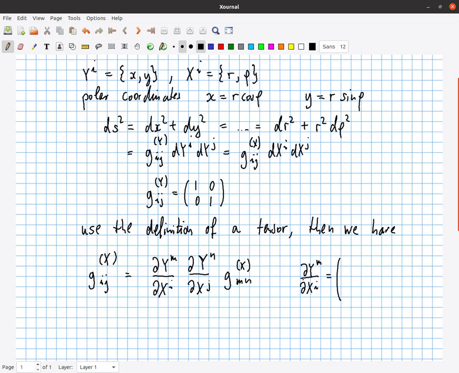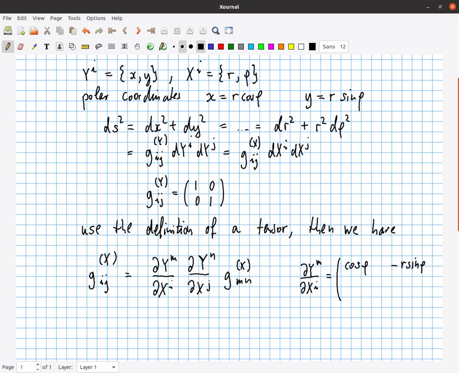If we differentiate this with respect to x1 is r, so we get dx dr, which is cos phi here. And then as we're staying in the first row, it is then dx d phi, which is minus r sine phi.